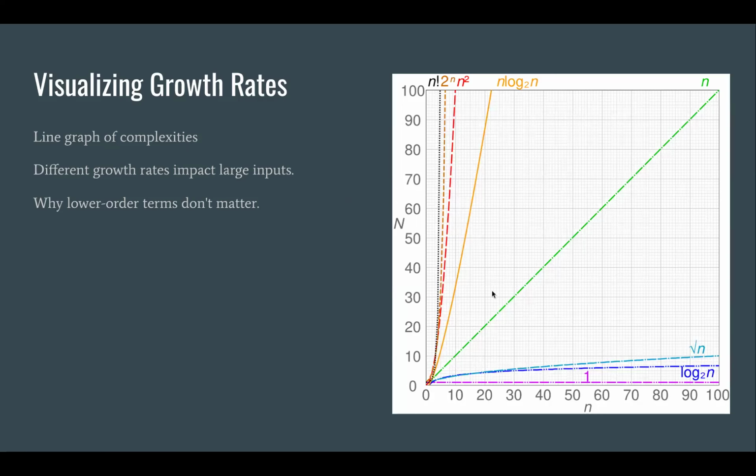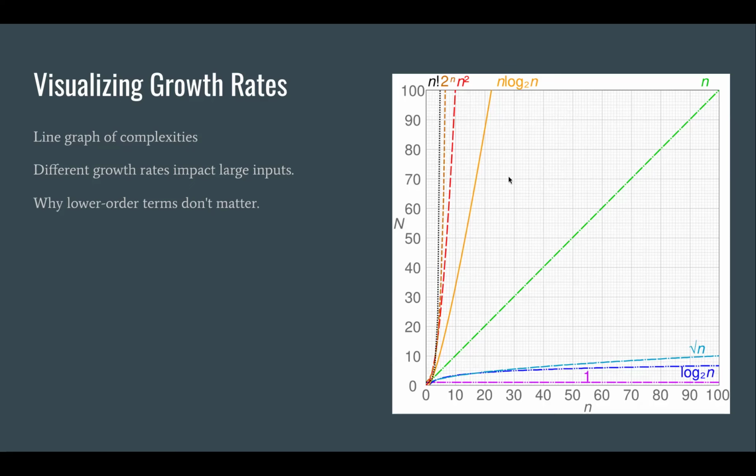But quadratic algorithms such as O(n squared) scale much faster than linear algorithms, and beyond that, 2 to the nth power or n factorial grow much faster.